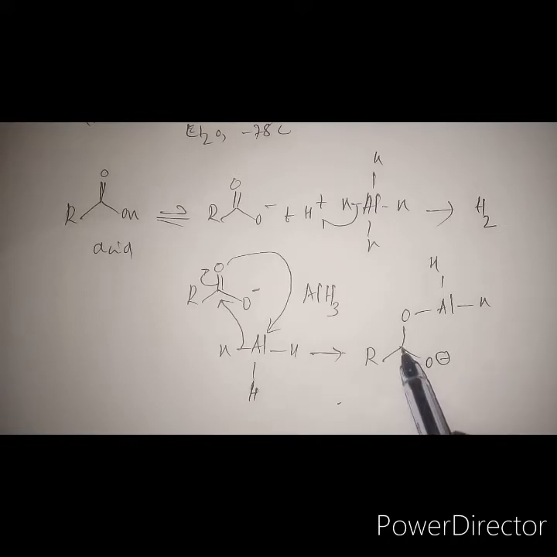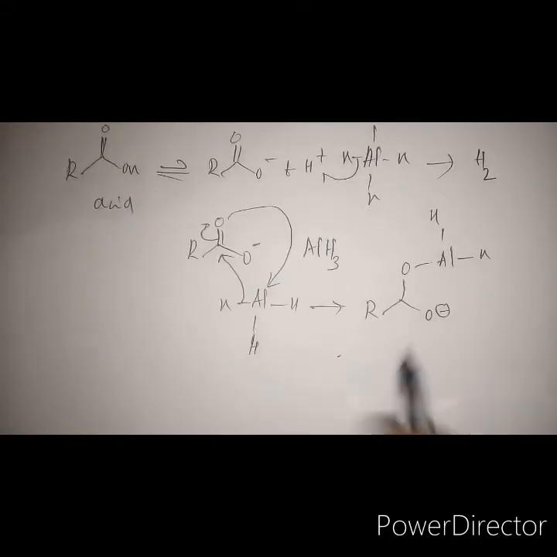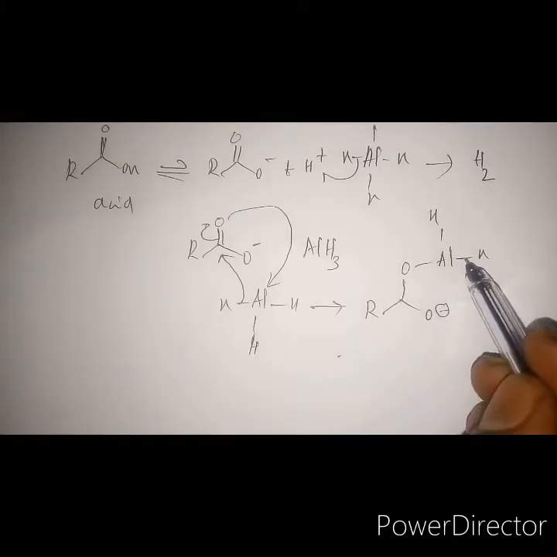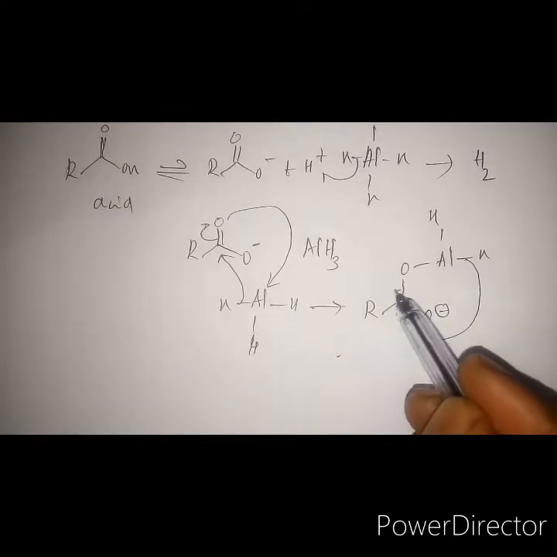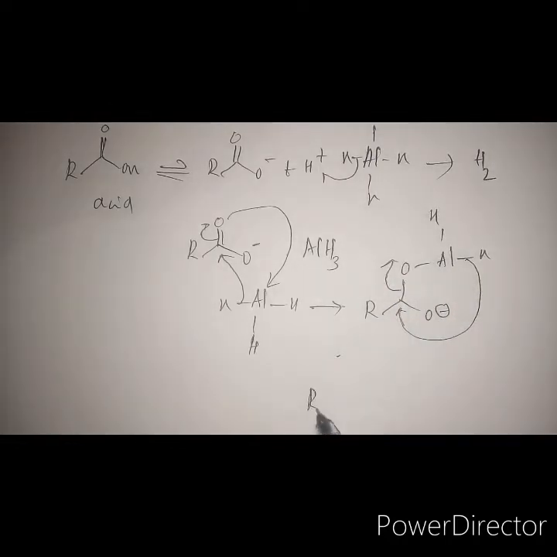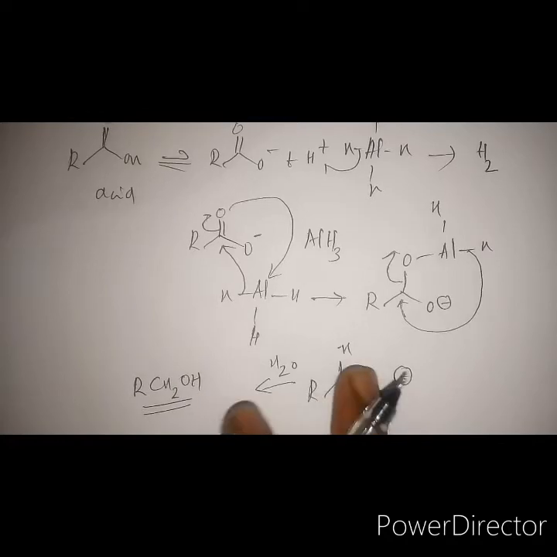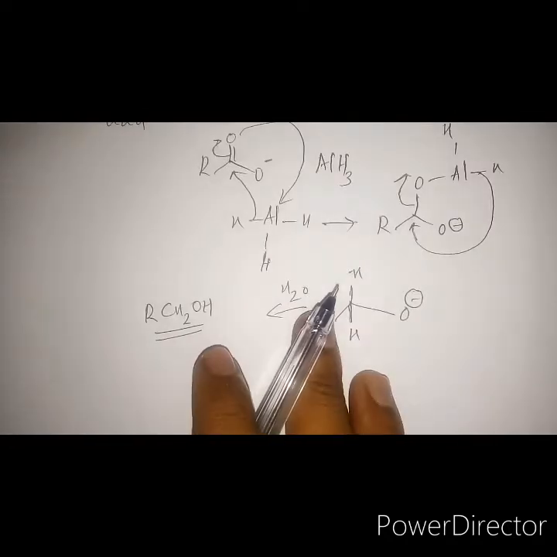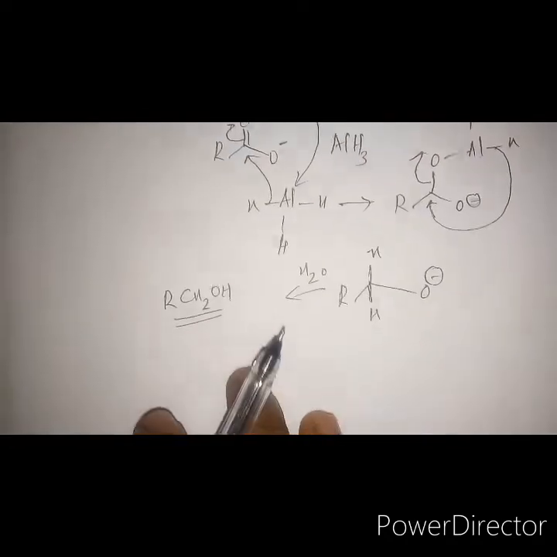Now we need one more H here, and we will get RCH2OH. Now this H will be shifted over here and it will break this, so it will connect to aluminum, and it will be transferred to give H O minus. So this RCH2O minus will take the H from water molecules, so we will get RCH2OH. So this is the mechanism for a carboxylic acid.